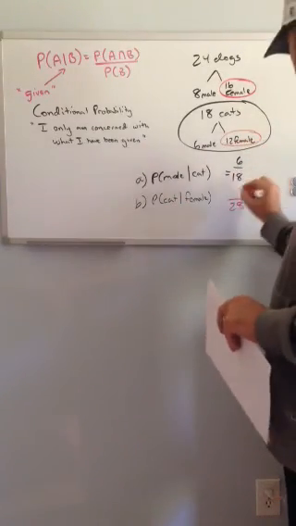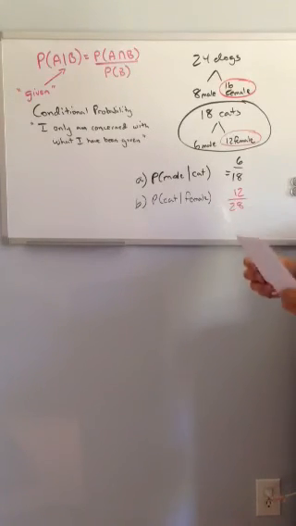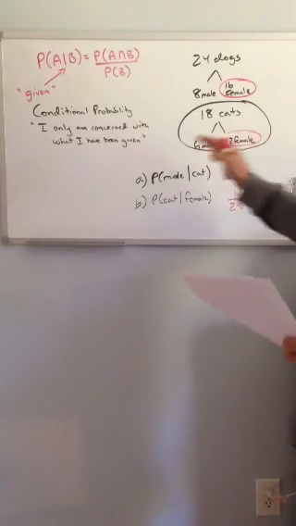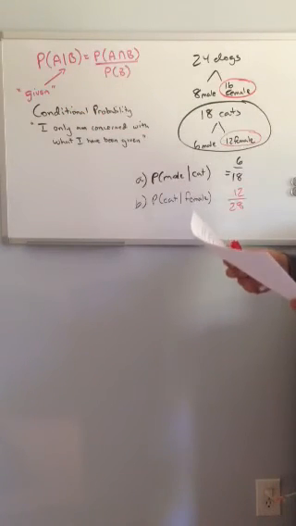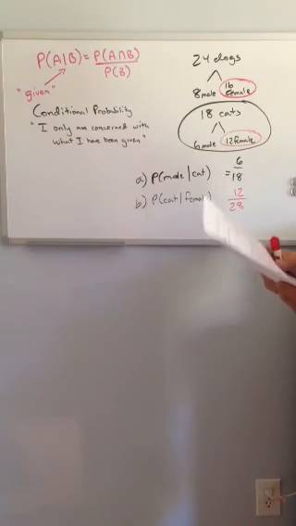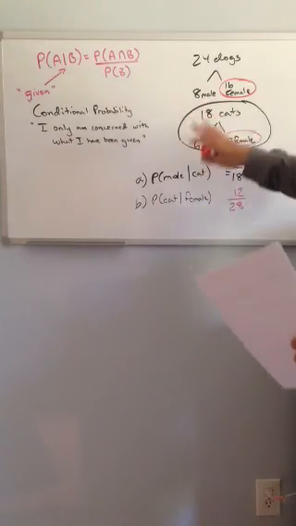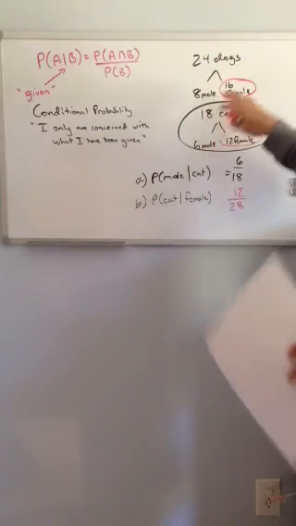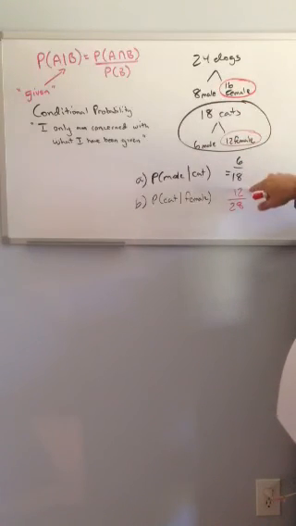In this case, 12 out of 28. So the key thing with given is we are only looking at what we have been given. In this last case, we don't care about the males, dogs or cats, doesn't matter. All we're worried about is those females. And of those 28 females, how many of them are cats?